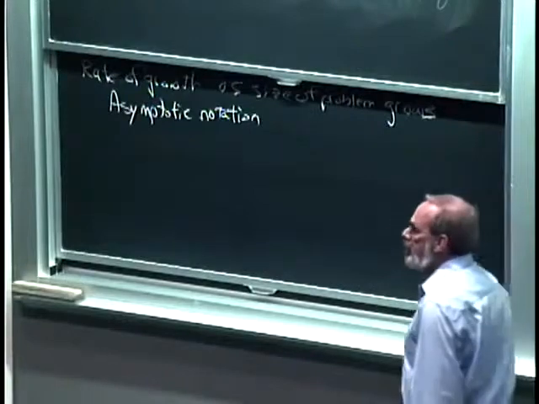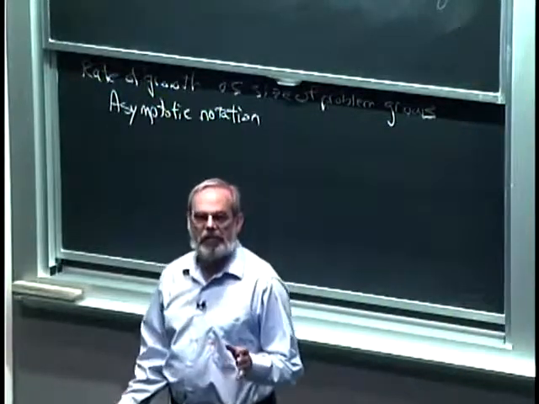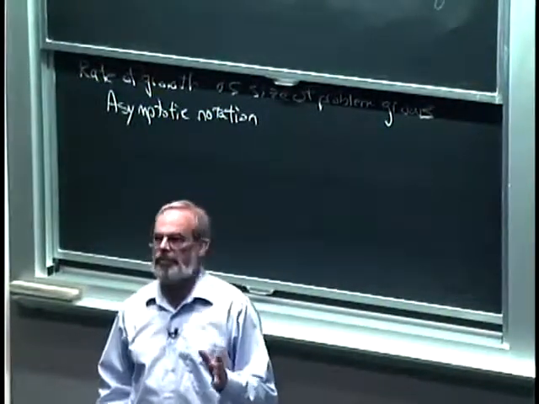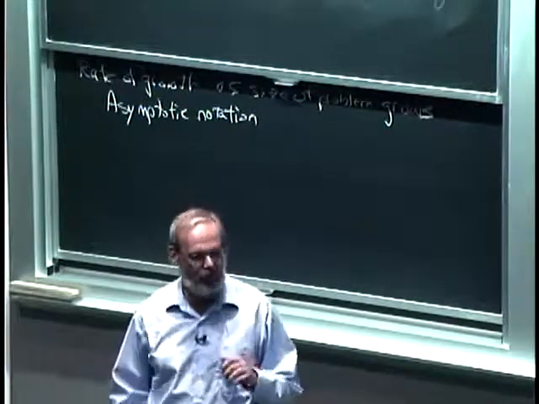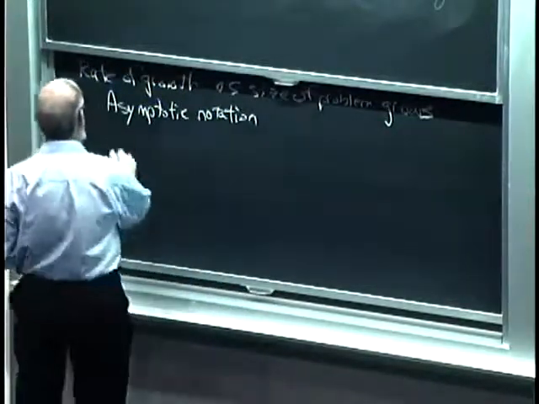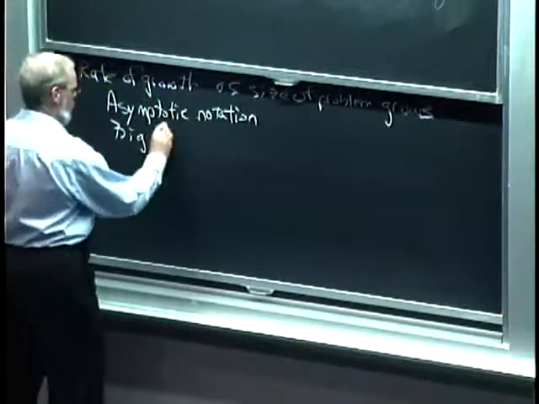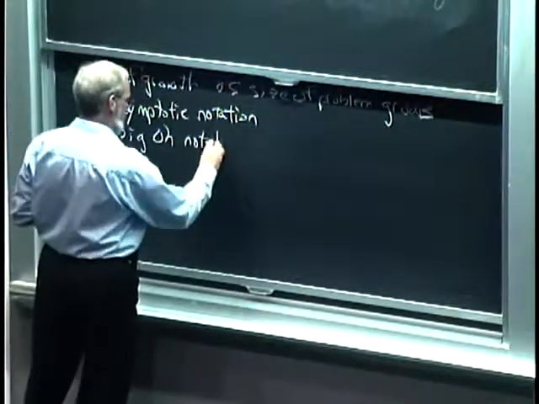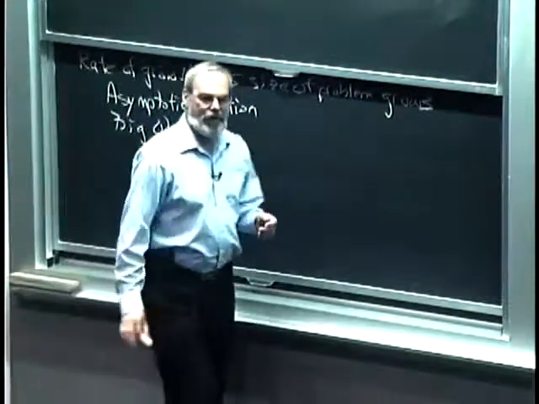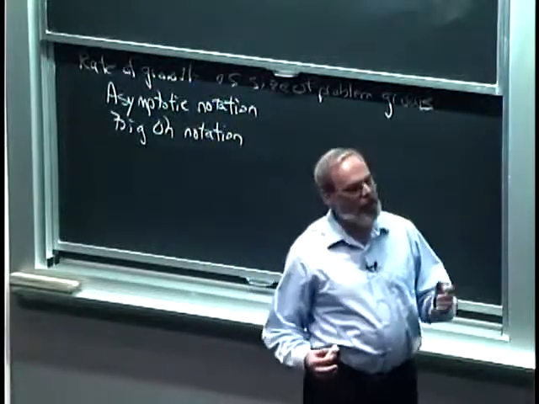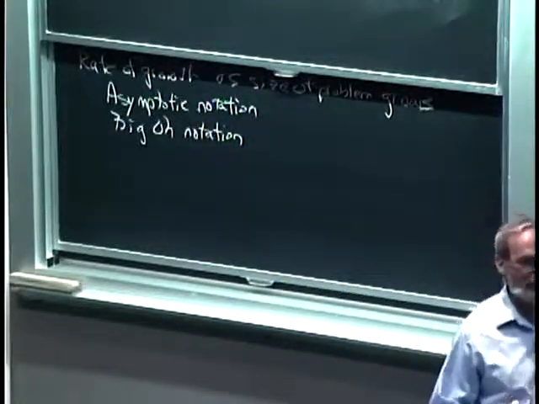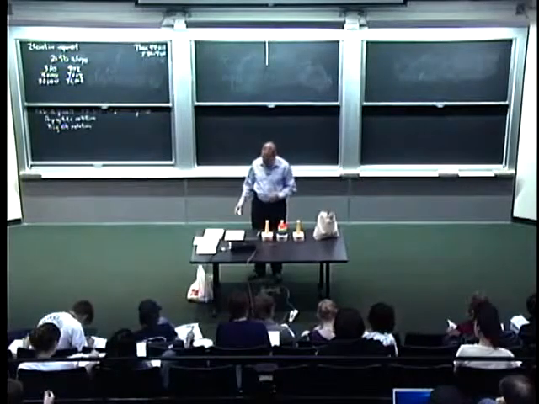You'll find that if you go on to some of the other classes in Course 6, there are a lot of different ways that you can measure this. The most common one, and the one we're going to use, is what's often called big O notation. This isn't big O as in, oh my God, I'm shocked, the markets are collapsing. This is called big O because we use the Greek letter, capital letter Omicron to represent it.